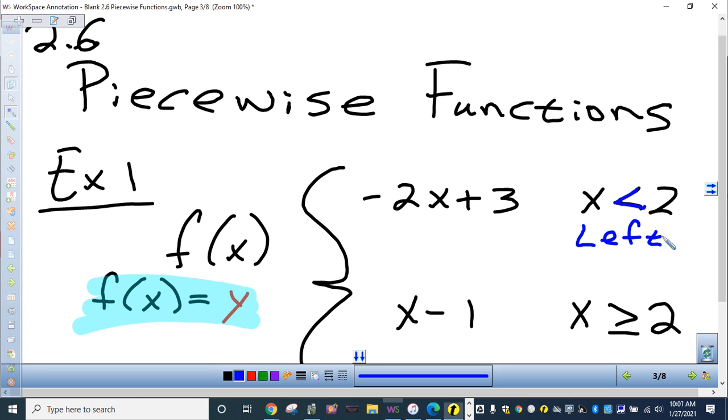Because it's less than, we graph on the left side. We're going to draw a dotted vertical line for this. And then the bottom one here, because it is greater, we're going to graph on the right side of this line. That's not going to mean a whole lot to you right now, but as we go through the examples, that'll mean more and more.